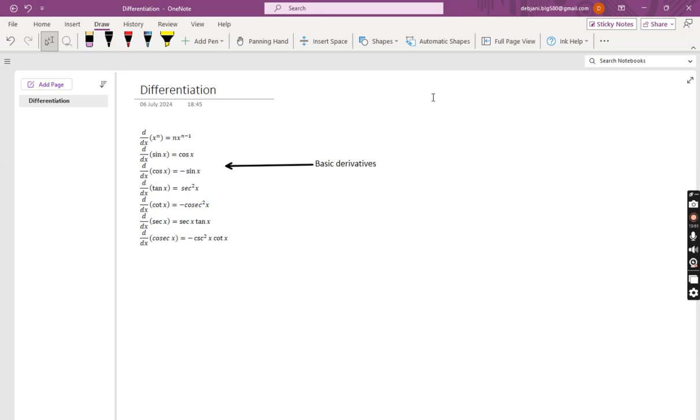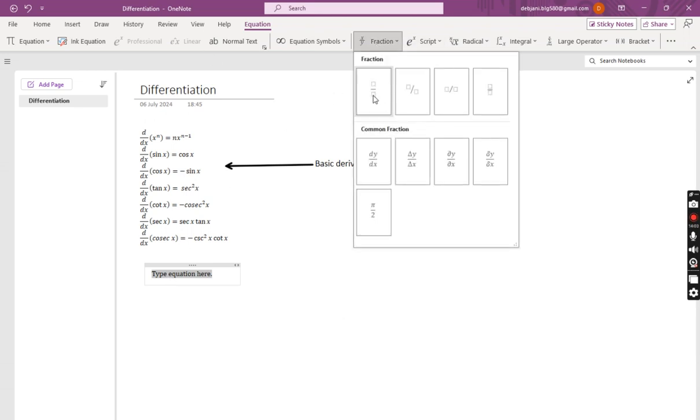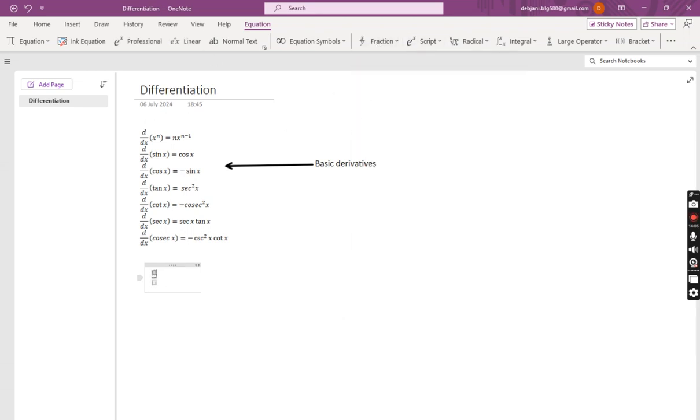First is the sum rule, or addition rule, you can say. If someone gives you the equation d by dx of u plus v, differentiating u plus v with respect to x, what will be the result?